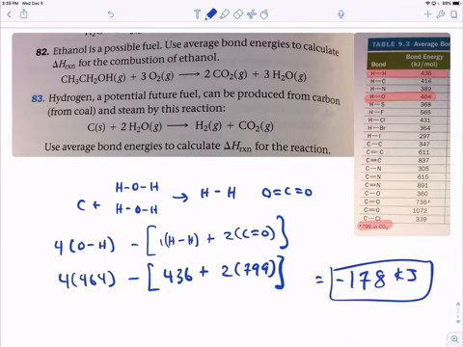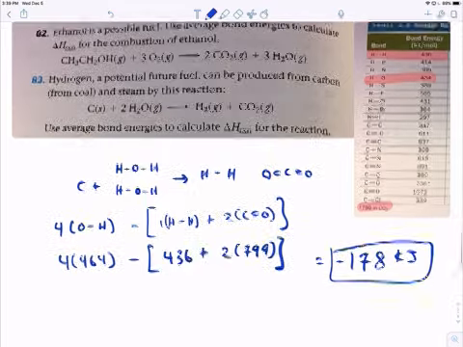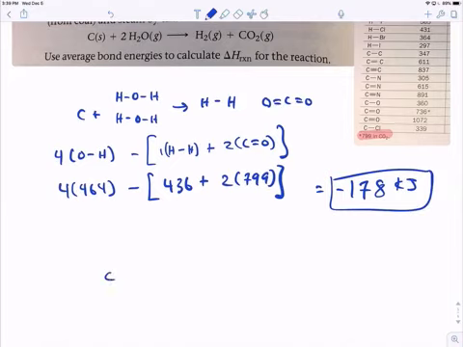Oh, so it's 2 sets of these. Yeah. So it's 6 carbon-hydrogen bonds and then the carbon-carbon double bond. Okay, cool. That's just 2 separate carbons.